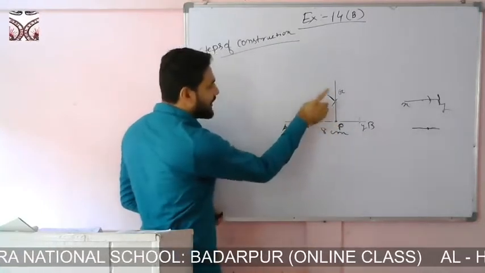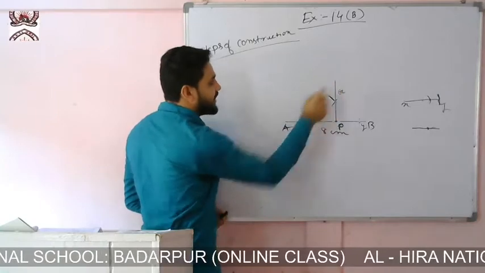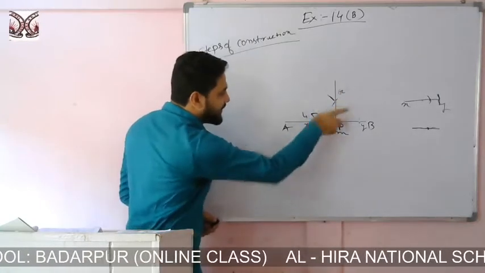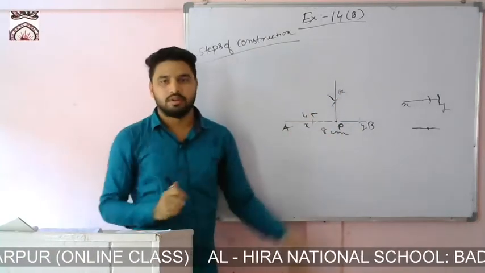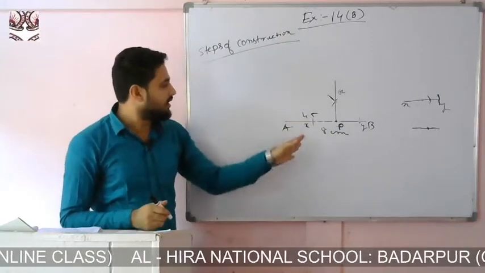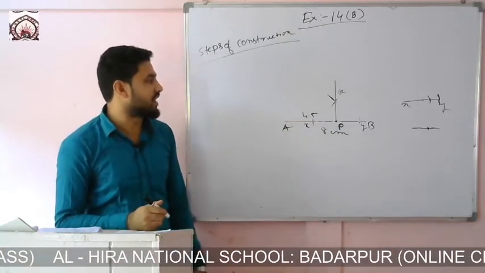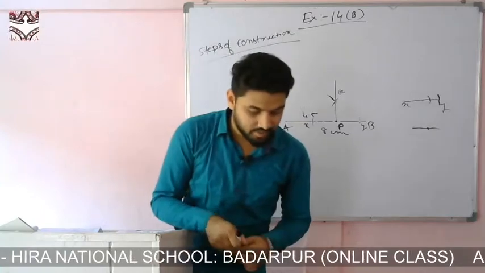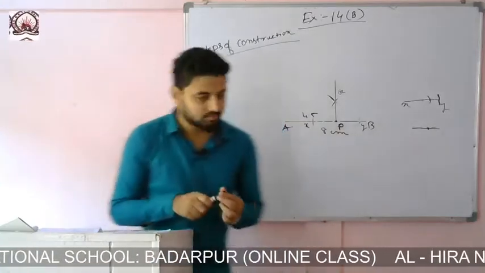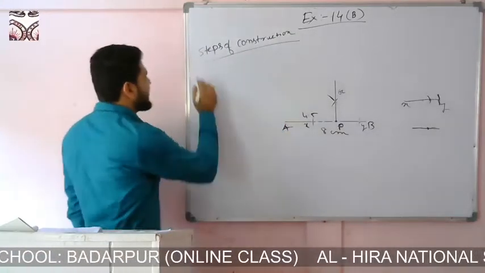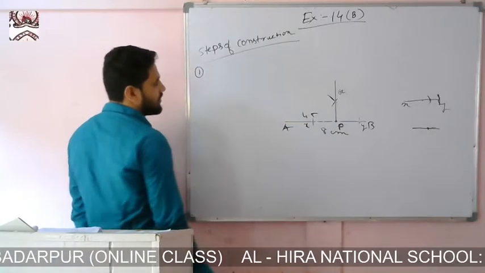The two arcs will intersect at G. Now with G and P we will get the perpendicular. Now write the steps of construction.